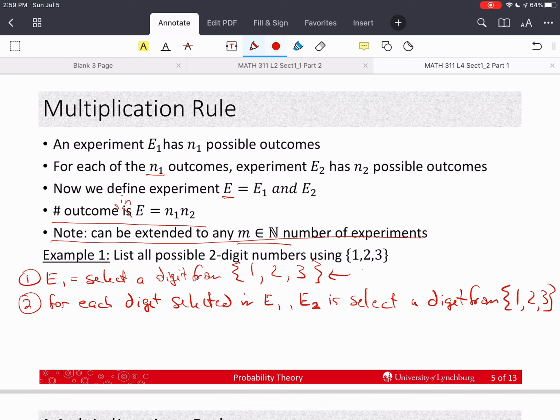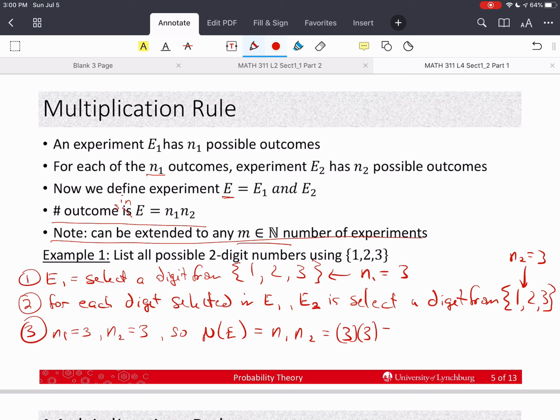So here we have N1 is equal to 3. Here we have N2 is equal to 3. So n of E is equal to N1 times N2 equals 3 times 3 equals 9.